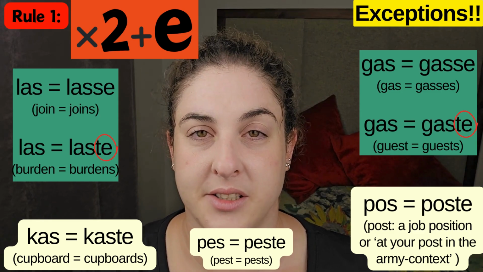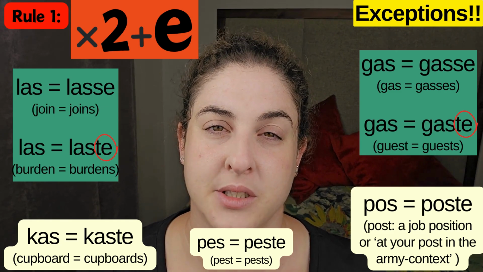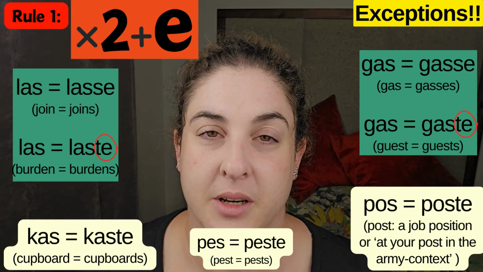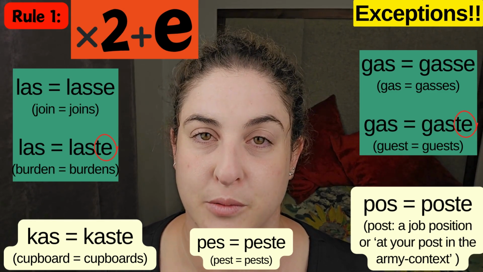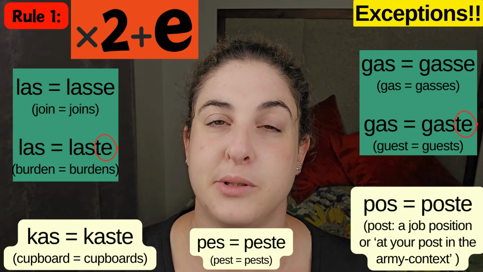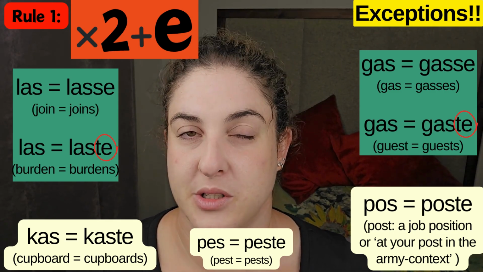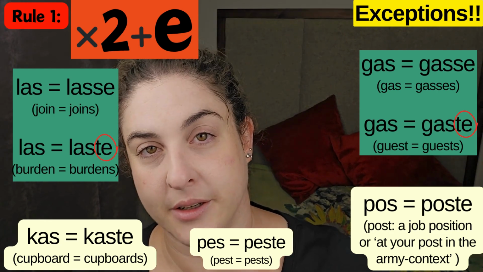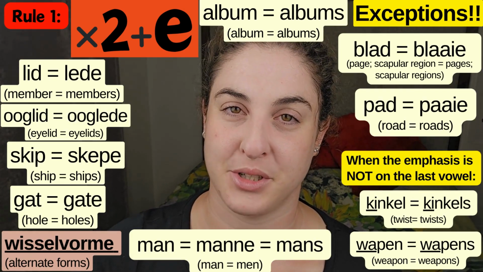It's a versamelnaam, so it doesn't have a singular and plural form. But this one refers to a job position. So it's a post that you have or a position that you have. Pos, poste. Yay! More exceptions.